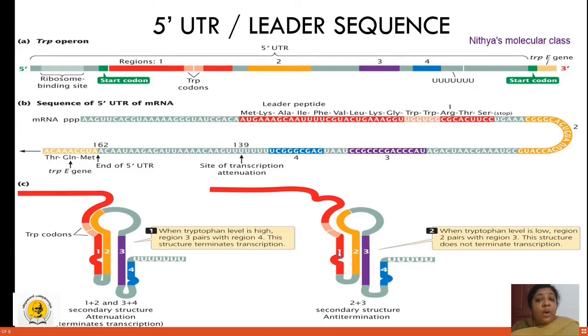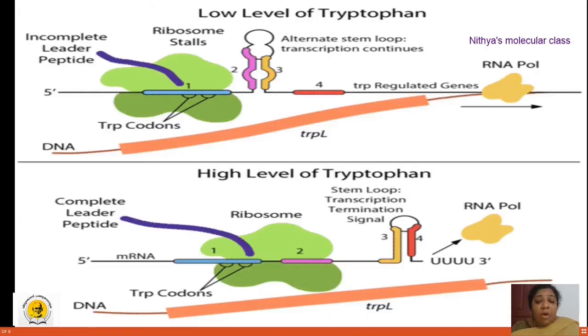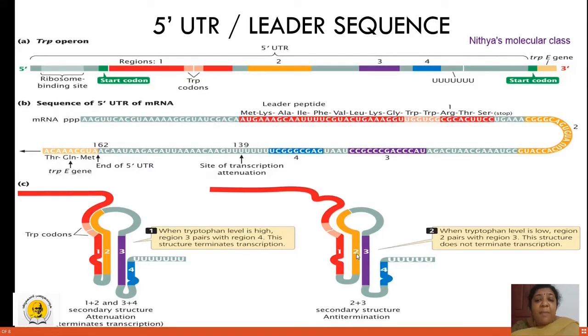In the meantime, what happens? The second and third parts of the mRNA will form a loop, and the fourth part of the mRNA won't be coming into the ribosome, so that will be free.